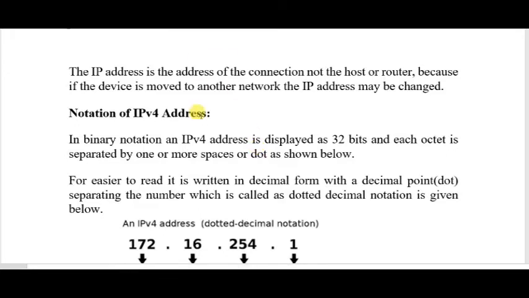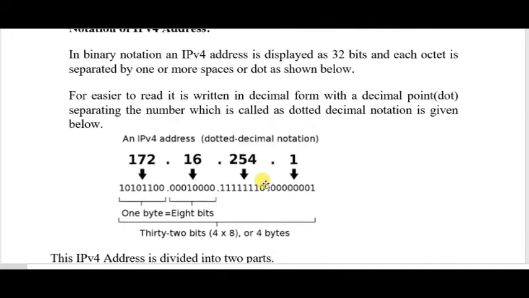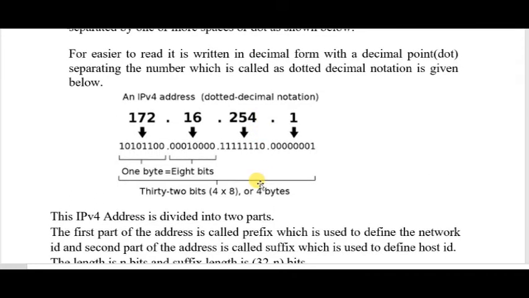You can represent it in dotted decimal format, binary format, or hexadecimal format. In dotted decimal format, the representation looks like this: 172.16.254.1.